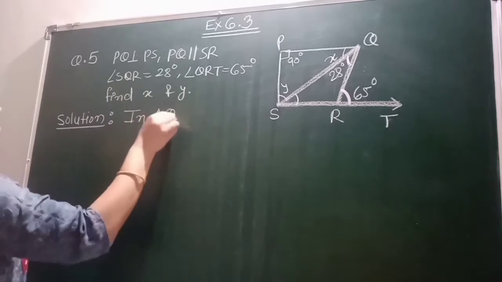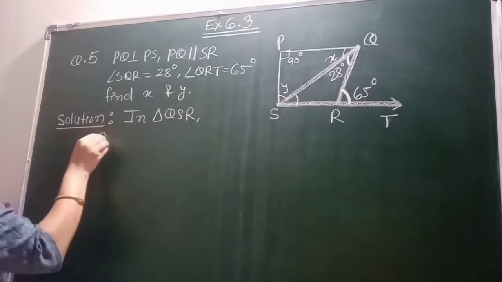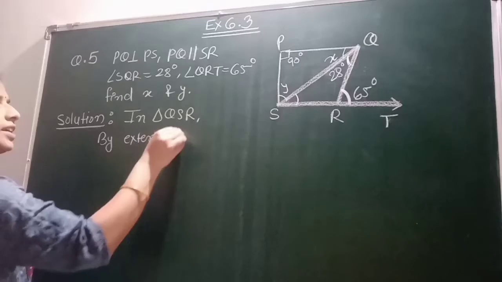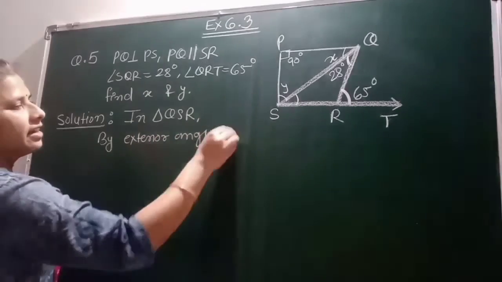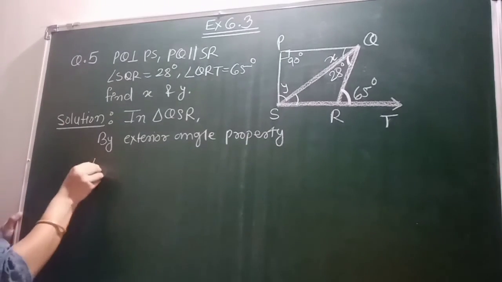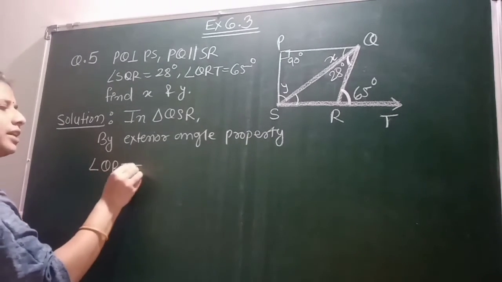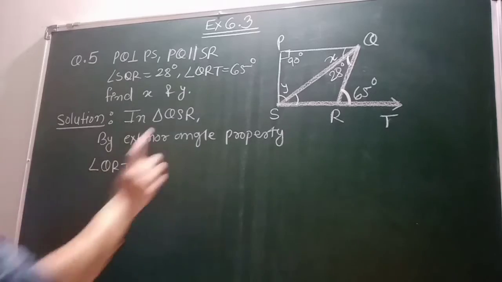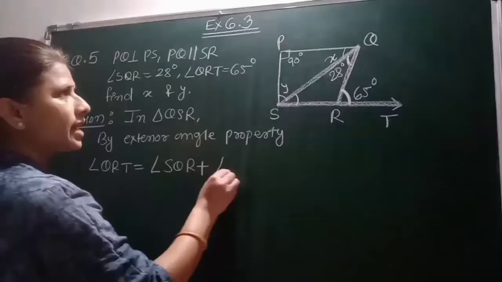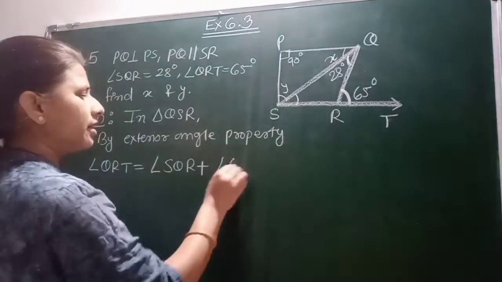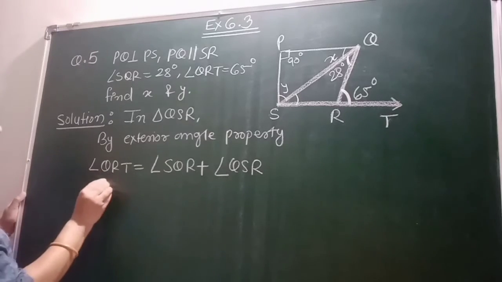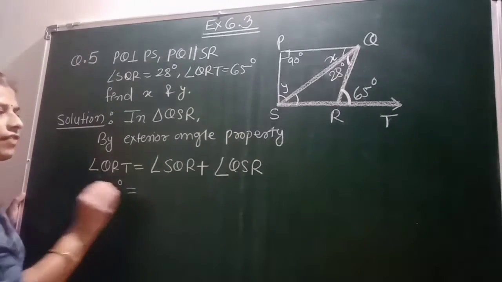In triangle QSR, which property will we apply here? By the exterior angle property, angle QRT equals angle SQR plus angle QSR. Then we will substitute the values. Angle QRT is given as 65 degrees.